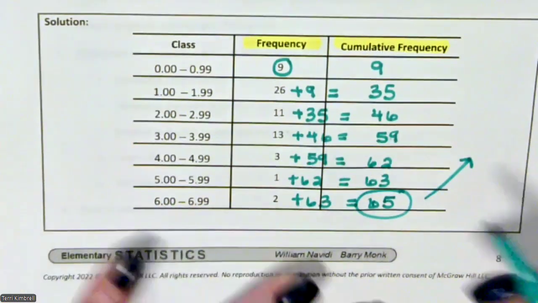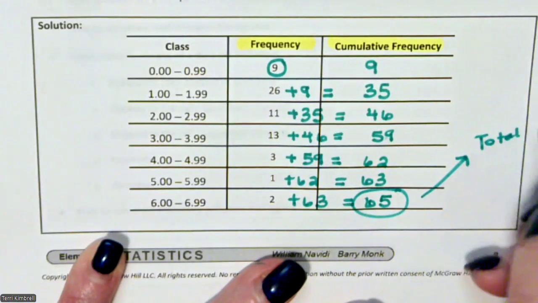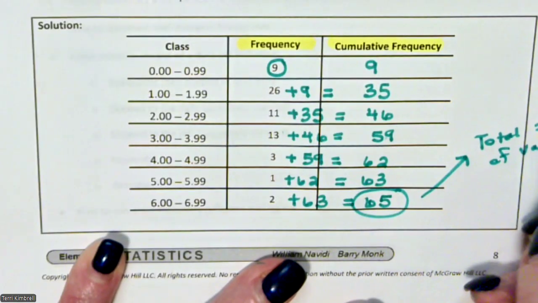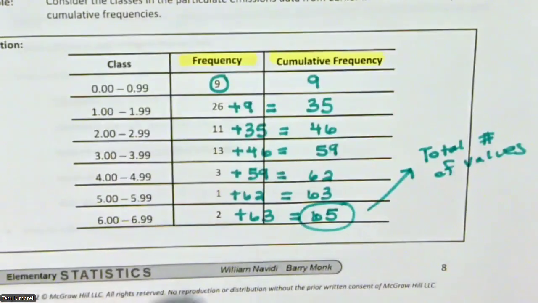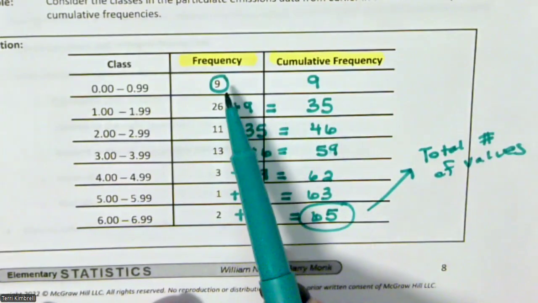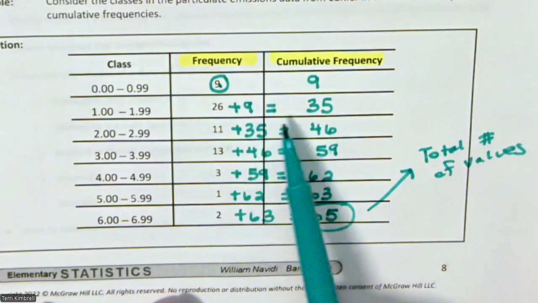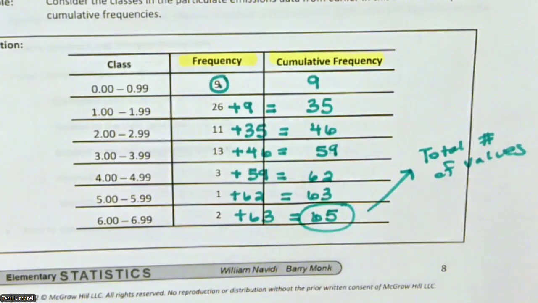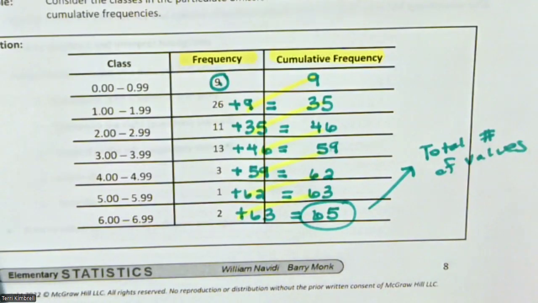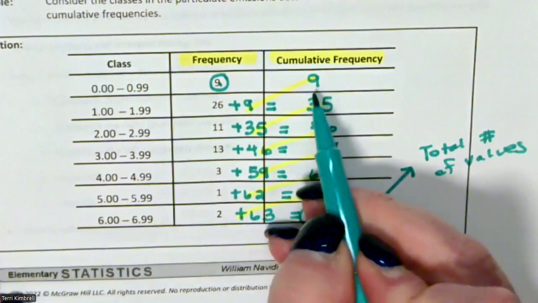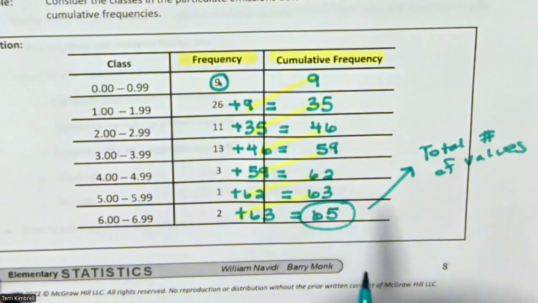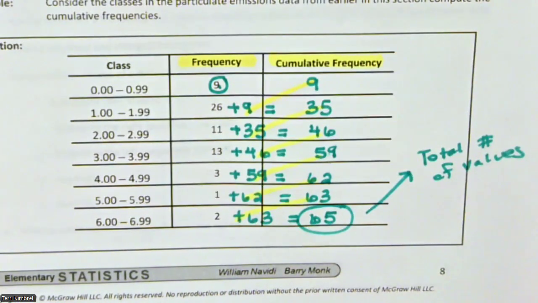So 65 is going to be the total number of values. So what this does is it takes the class and it adds the next class to it. Then it takes this class and adds your total. So you keep adding cumulatively. Kind of like when you have a cumulative exam, it's a total of all those chapters. So you're taking what you have learned and you're adding it to the next part that you are learning. So you're totaling everything up.